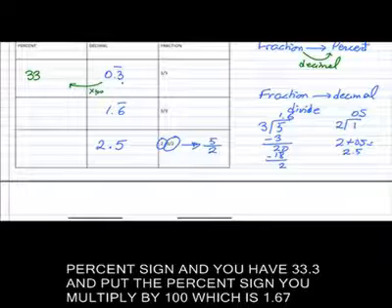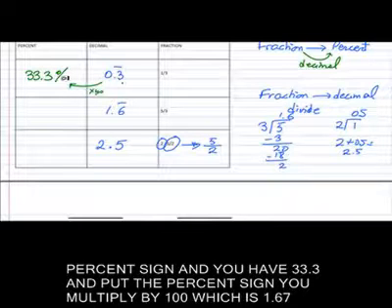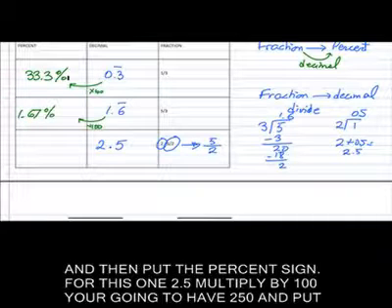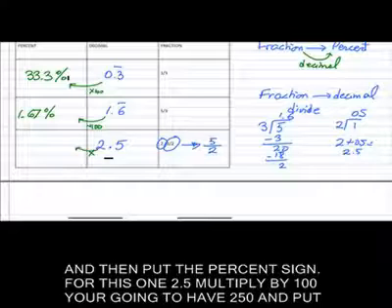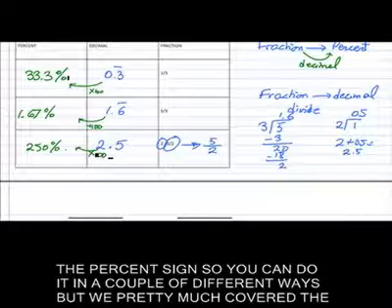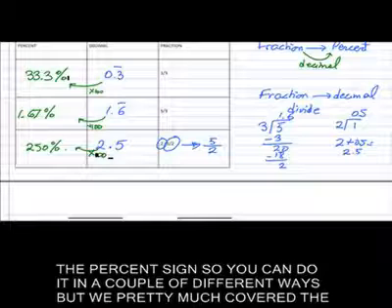So you have 33.3%. You multiply by 100, which is 1.67 becoming 167, and now put the percent sign. For this one, 2.5, multiply by 100, you're going to have 250, and put the percent sign. So you can do it in a couple of different ways, but we pretty much covered the whole ground right now.